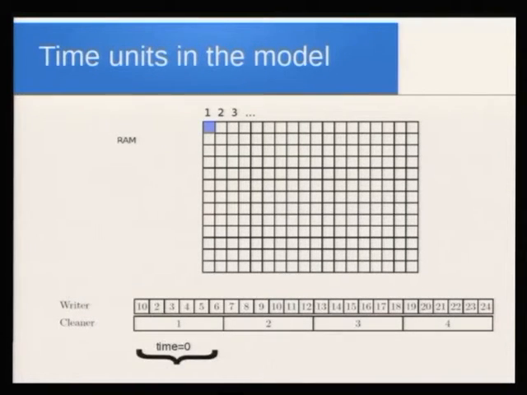Then we divide time in slices. For example, here we have the slice for time 0, and writer is able to write 1, 2, 3, 4, 5, 6. So writer in this case, the CPU, is 6 times faster than the cleaner, than the network.